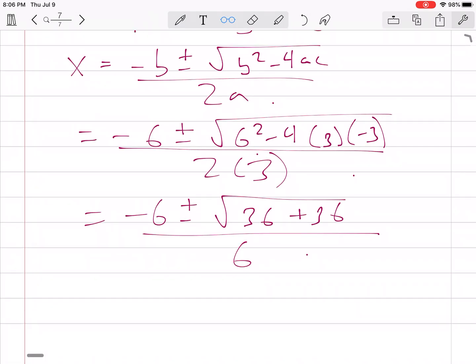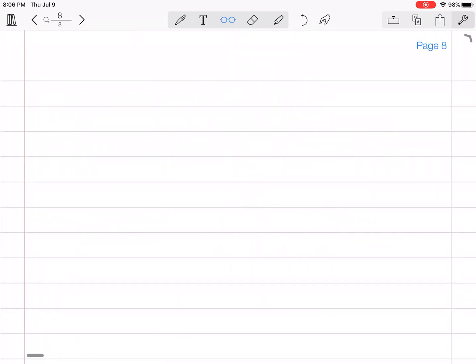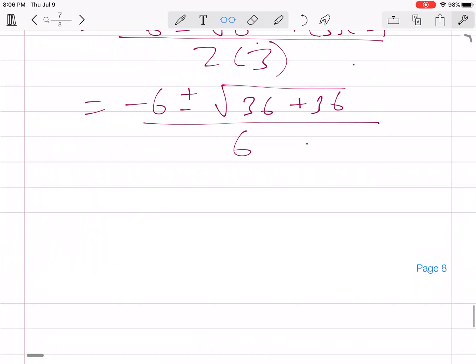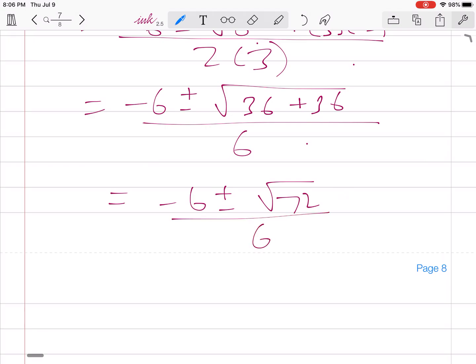So that gives you negative 6 plus or minus root 72 over 6. So you've got negative 6 plus the square root of 72 divided by 6, and negative 6 minus the square root of 72 over 6. So it gives you two answers.